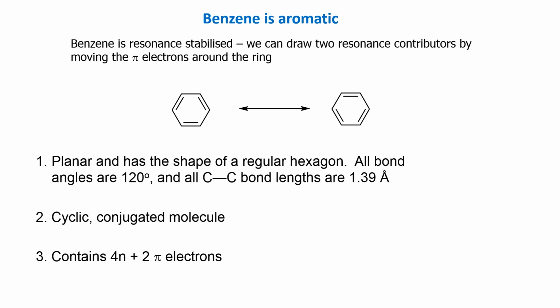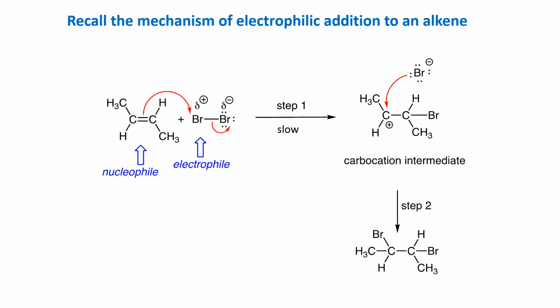Let's now look at that electrophilic addition reaction mechanism for alkenes. Hopefully you'll recall from week 2 the mechanism for this reaction. In this reaction, the alkene acts as a nucleophile, reacting with some form of electrophile. In the example I've drawn on the slide here, our electrophile is a polarized bromine molecule, and you can see the delta plus charge that I've drawn on one of the bromine atoms in that molecule.